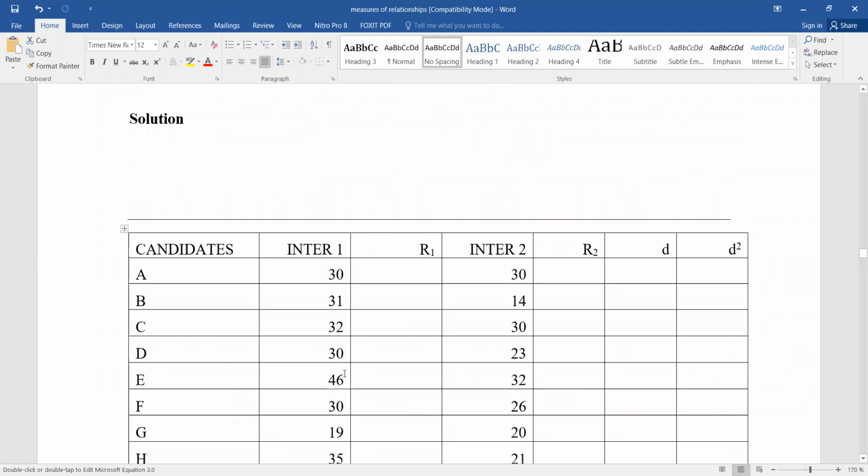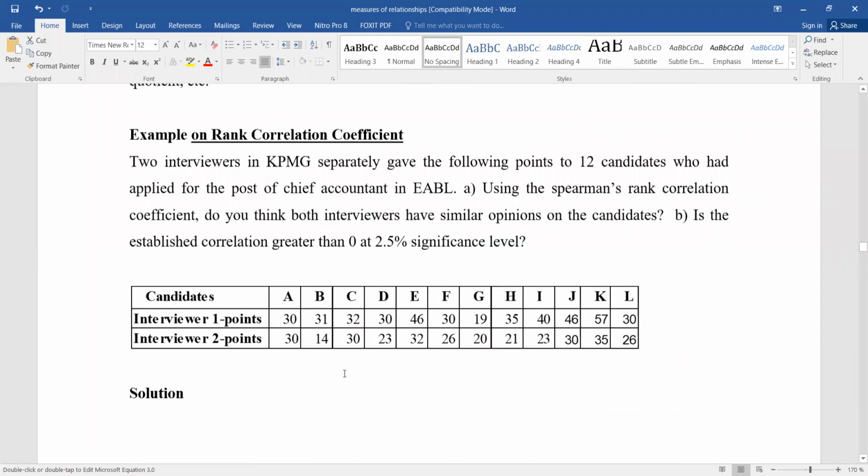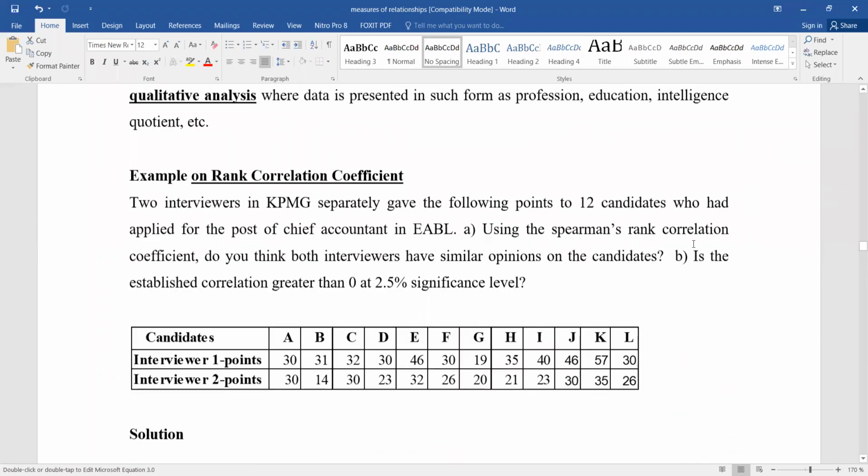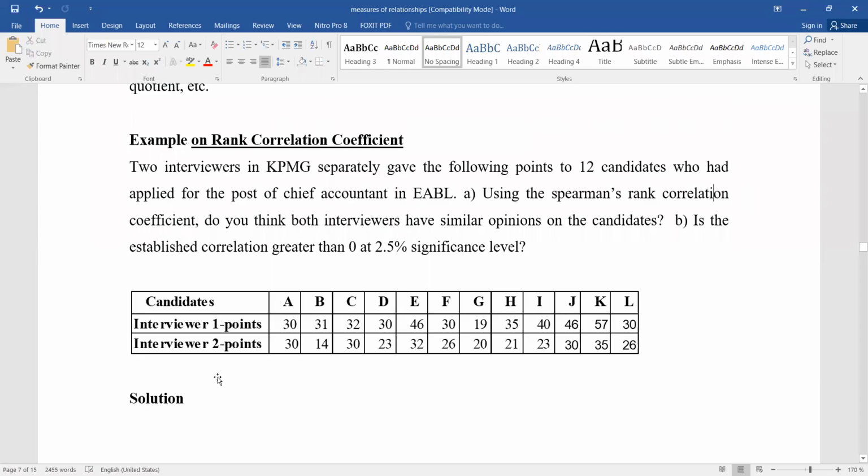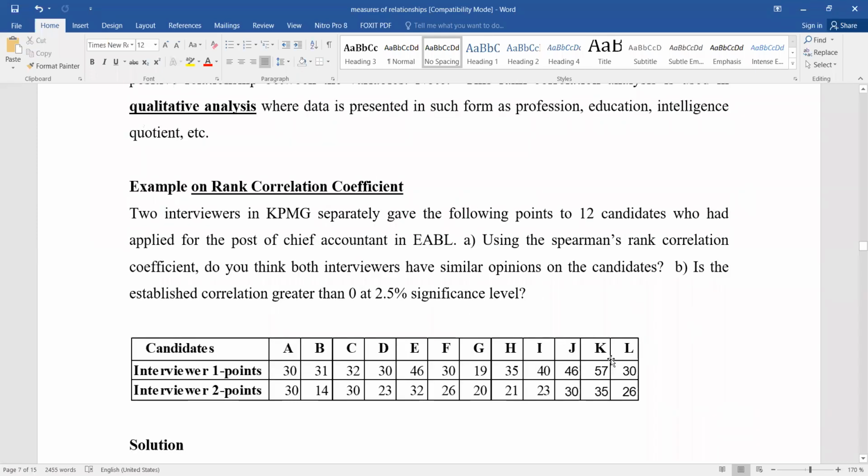So we have candidates from A up to L, with interviewer 1 and interviewer 2.